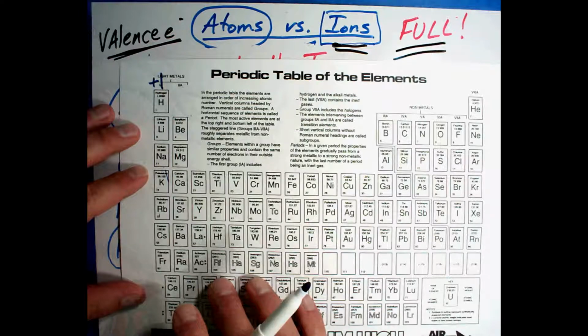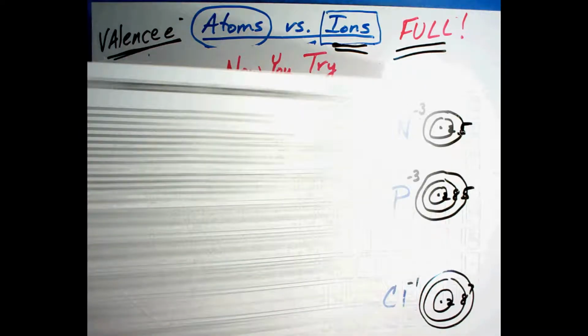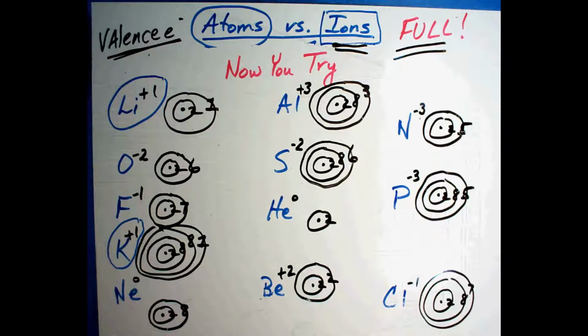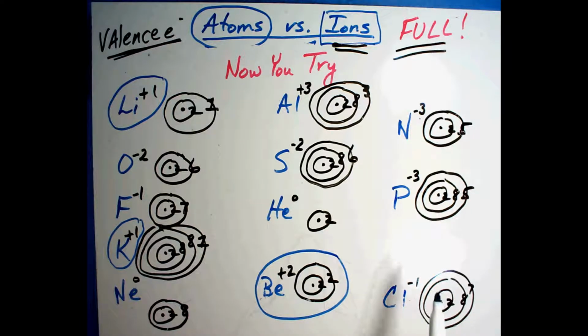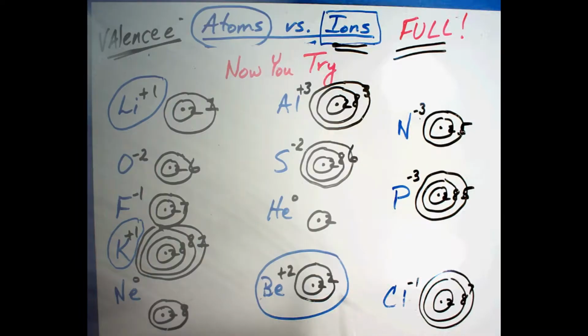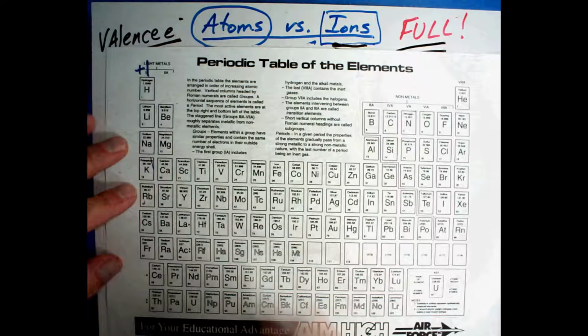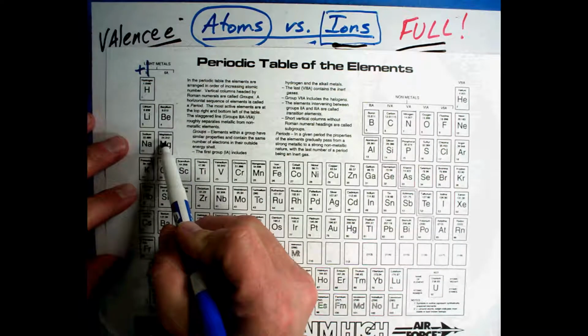Now let's see what else we can find. Let's look at beryllium. And if you look back at your notes, when we did magnesium, you'll see that he was also a +2. Both of them had 2 in the outside ring. So if you have 2 in the outside ring, you're going to always throw them away. Beryllium and magnesium are in the same column. That means they all act the same.